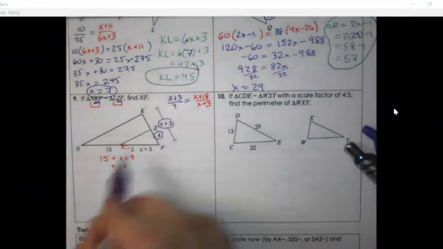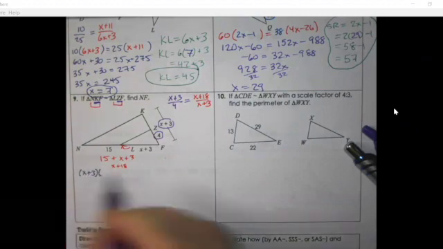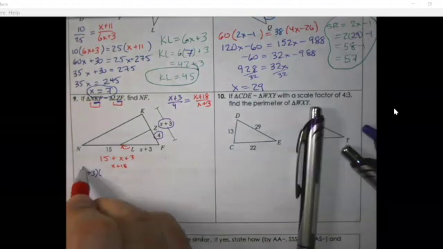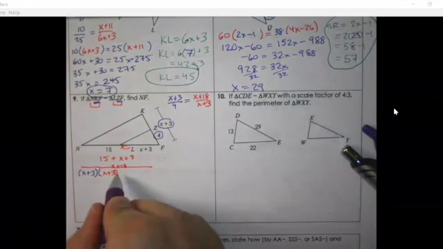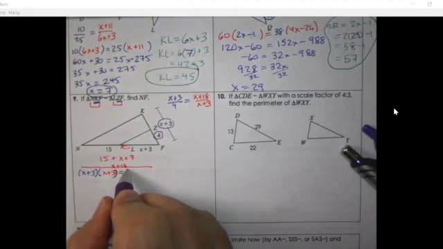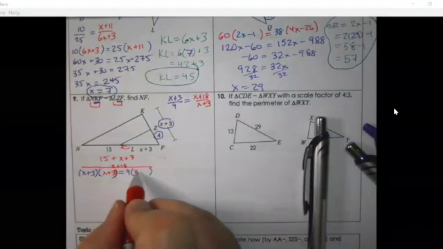So cross multiplying, I'm going to get x plus 3 times x plus 3 equals 4 times x plus 18.